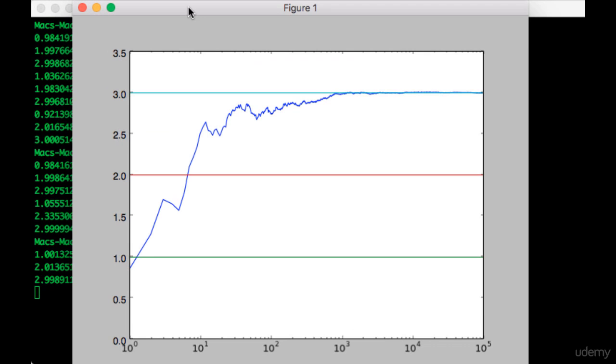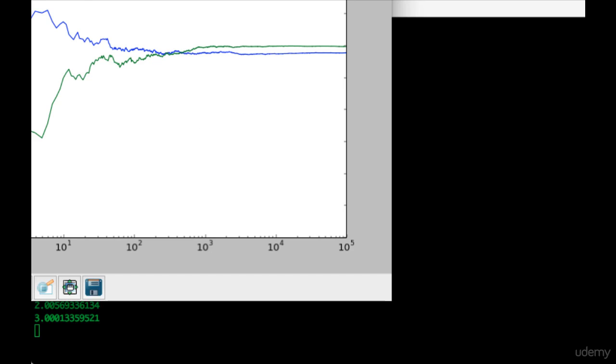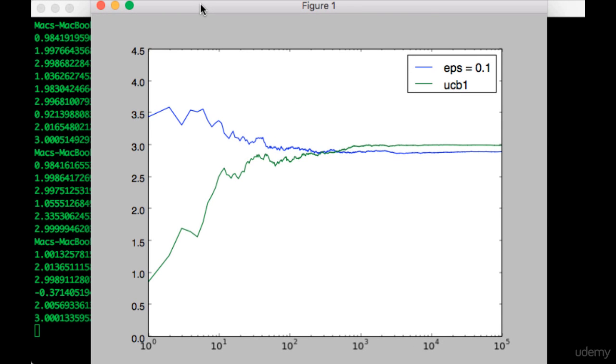And this is UCB1. Okay, so we see that eventually UCB1 outperforms epsilon greedy.